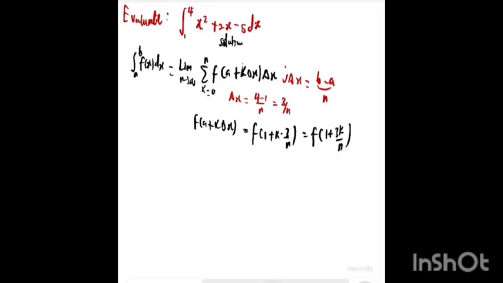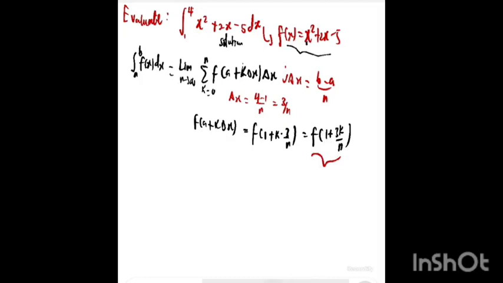That's beautiful. Now let's find the value of f of 1 plus 3k over n. We could call this f of x, so we can say f of x is equal to x squared plus 2x minus 5. Definitely we're going to substitute anywhere we see x in this function with 1 plus 3k over n.